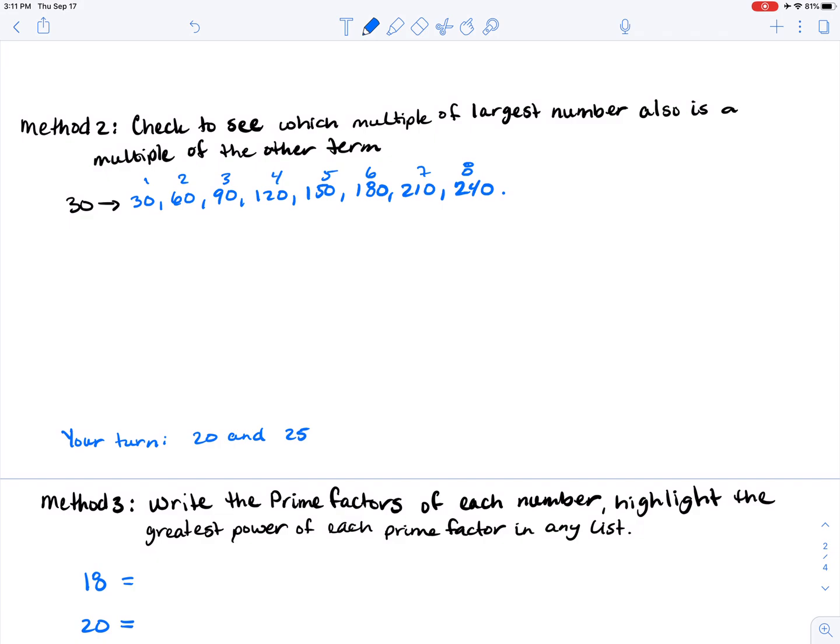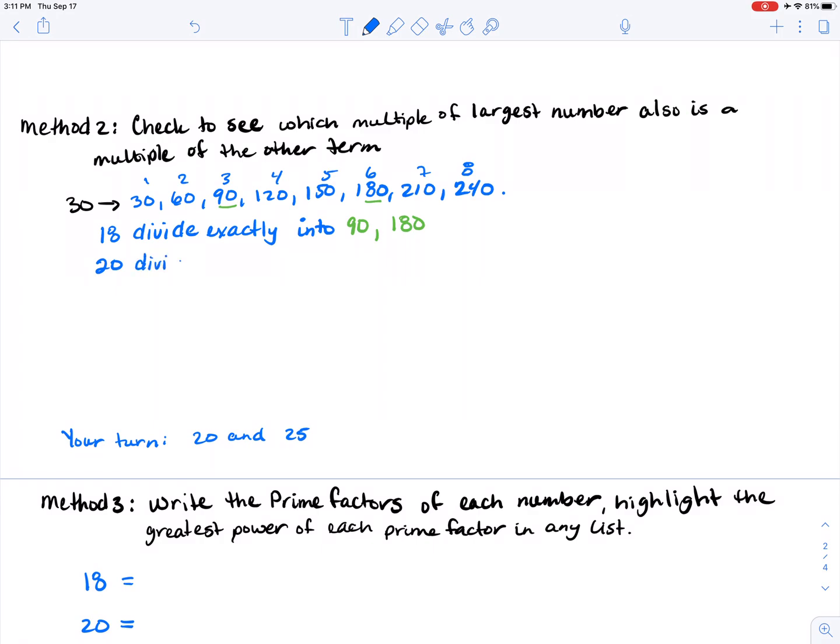So now I'm going to see 18. Where does it divide exactly into? So let's see. It divides exactly into 90, and you can use your calculator for this, and it also divides exactly into 180. Let's look at 20.